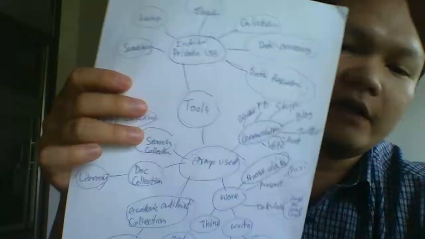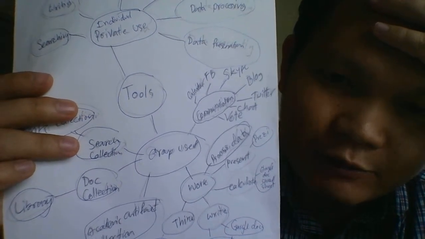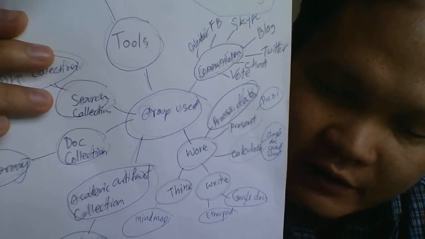So that is tools on the internet that can support your working, your thinking, your writing, your data processing, and your presentation of your data. You also can search the internet for group tools or collaboration tools. You can find many tools. Okay? I hope this is helpful for you, and this is just an introduction.